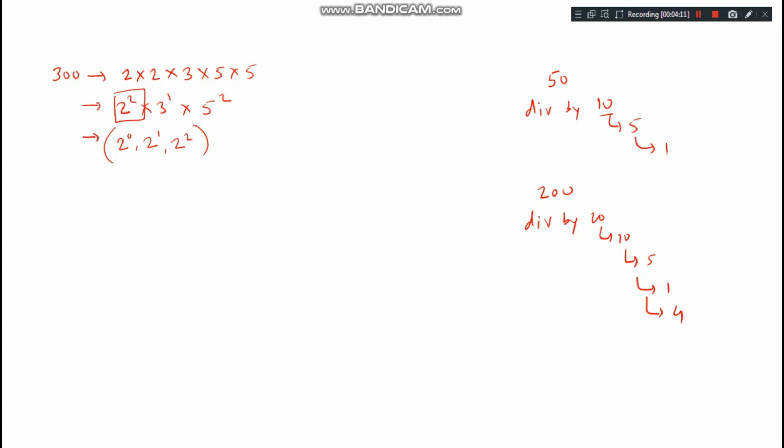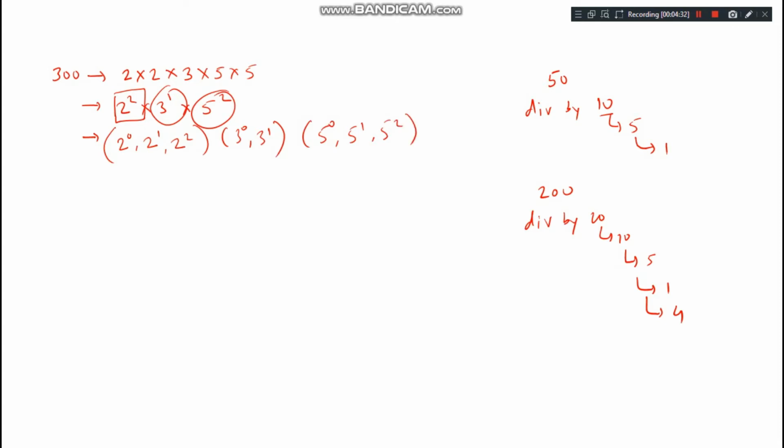Similarly, if 2 square is dividing 300, then 2 to the power 0, 1 and 2 will also divide. Similarly, for 3 to the power 1, I can write 3 to the power 0 and 3 to the power 1. For 5 to the power 2, which is 5 square, I can write 5 to the power 0 and 5 to the power 1 and 5 to the power 2.